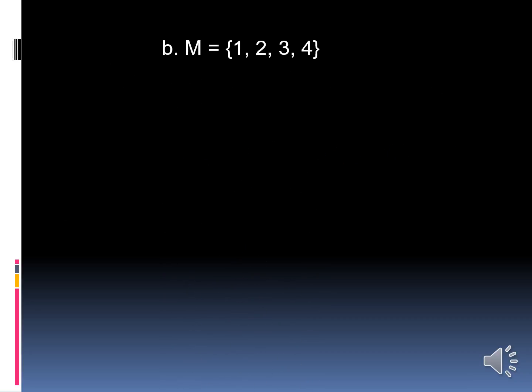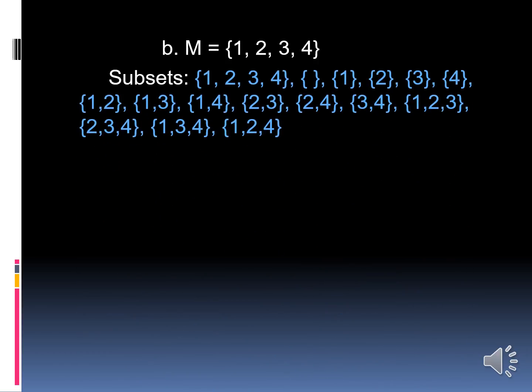Another example, I have M, which is an element of 1, 2, 3, and 4. So the subsets are 1, 2, 3, 4. This is itself. The set M is a subset of itself. We also have the null set, the one element subsets 1, 2, 3, and 4.